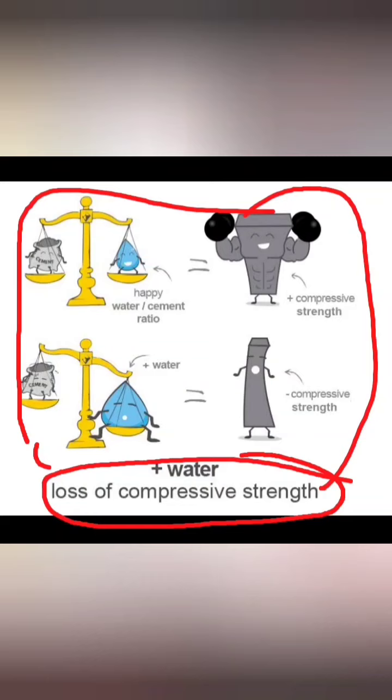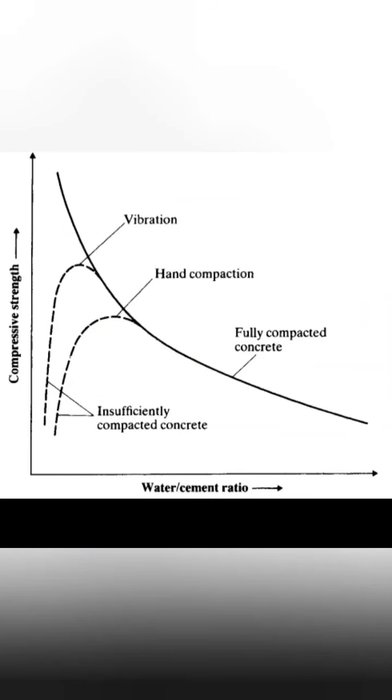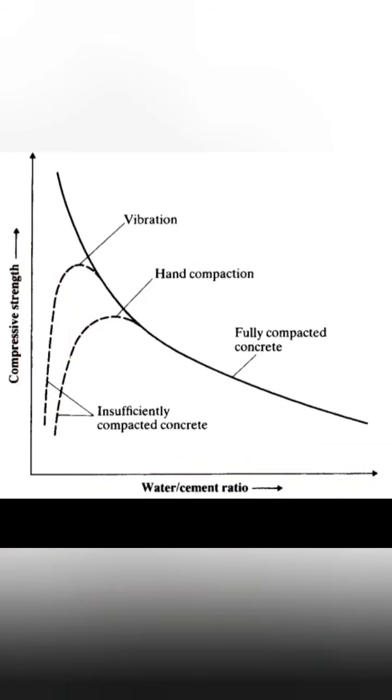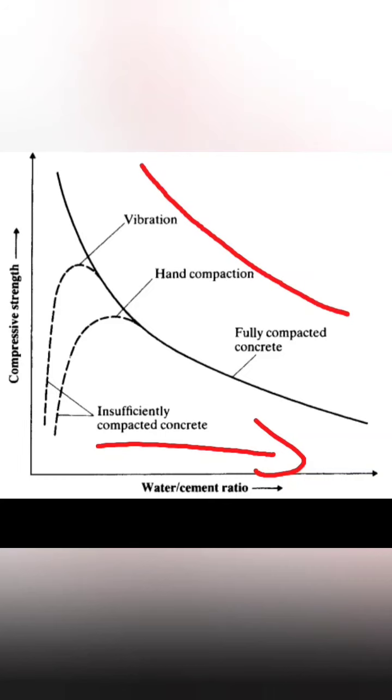Here what I am indicating is the achievement of the compressive strength over the water cement ratio, increment or decrement. If the water cement ratio increases, automatically the compressive strength will keep on decreasing.